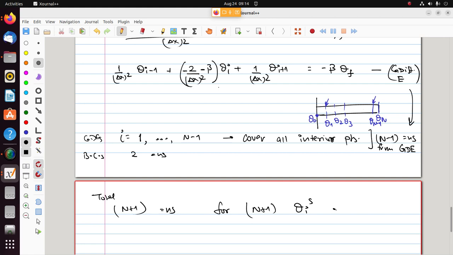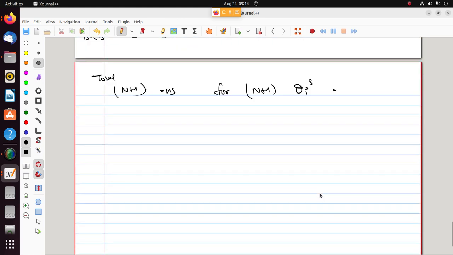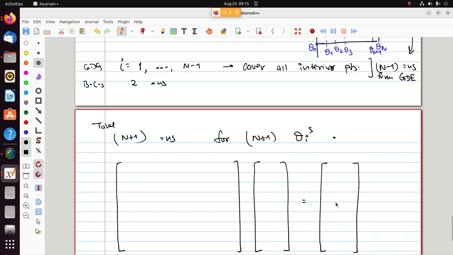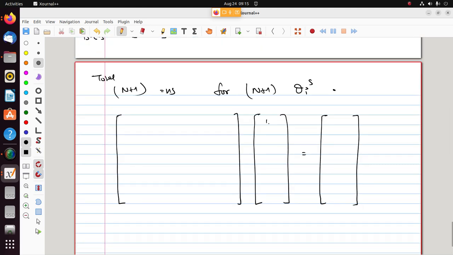So let us see how we will be able to solve this. Let us prepare a matrix form of this system. So the first equation, let us write all the unknowns here.